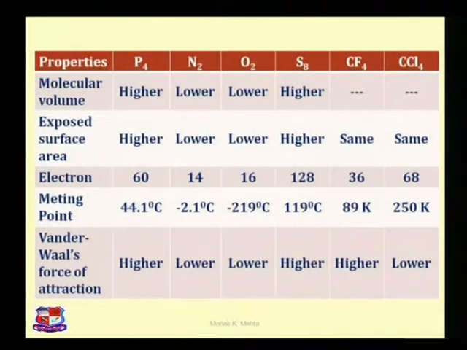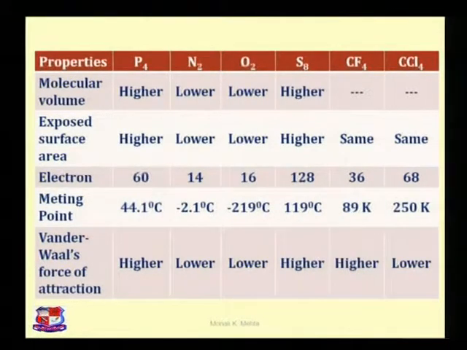Another example of Van der Waals force of attraction is carbon tetrafluoride and carbon tetrachloride. They look almost like the same molecules, but there is a vast difference in their Van der Waals force of attraction because of the difference in electrons.